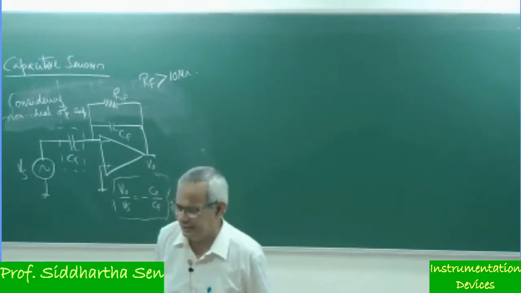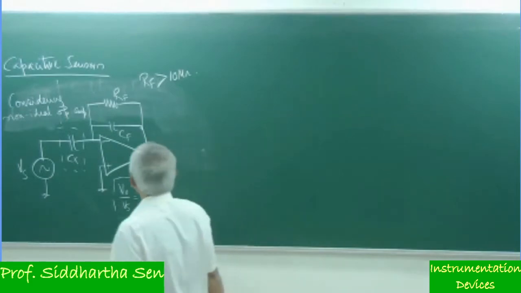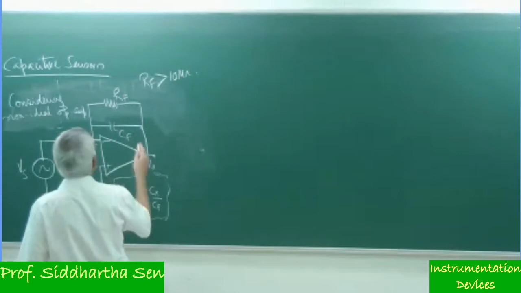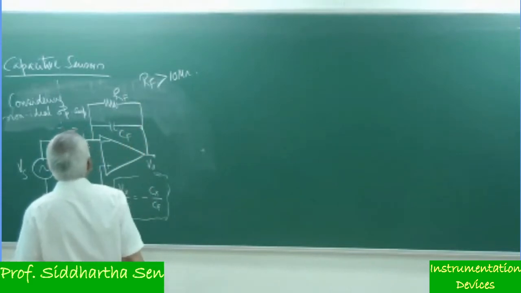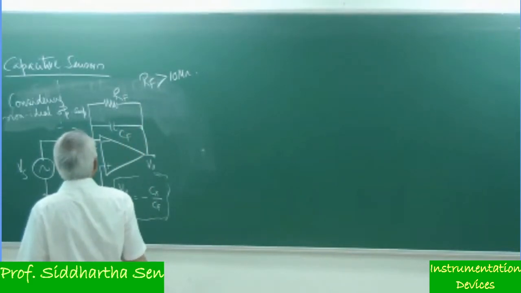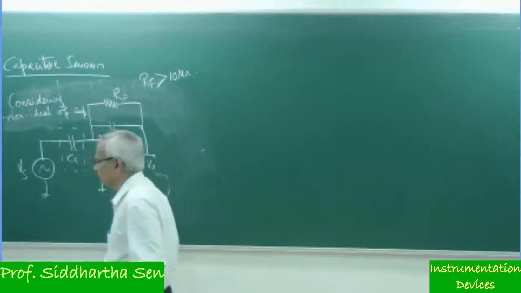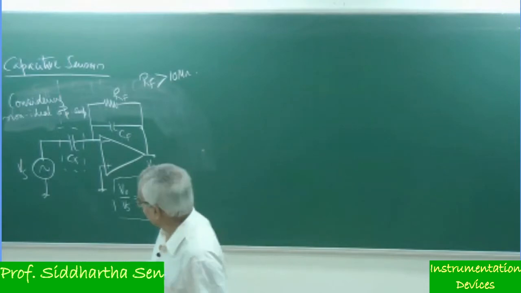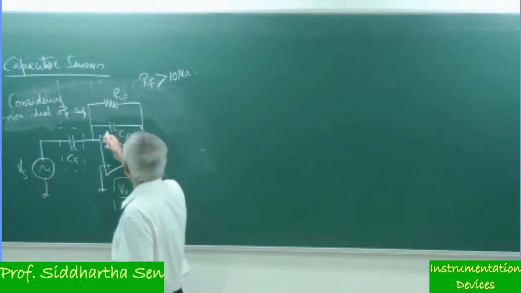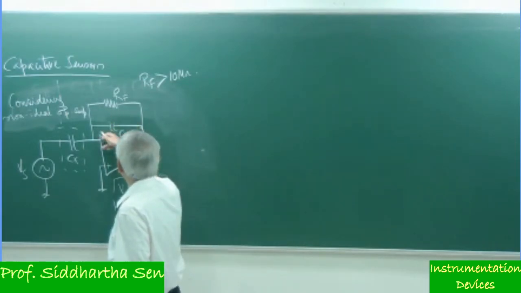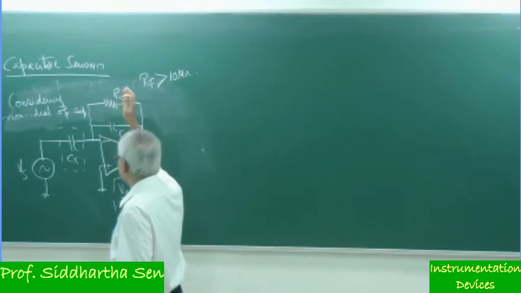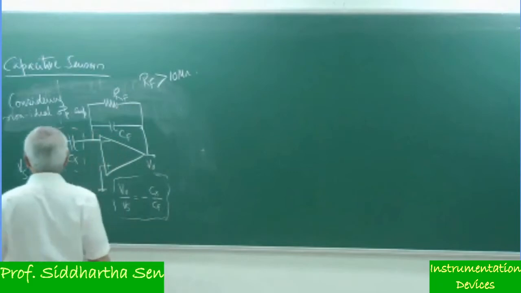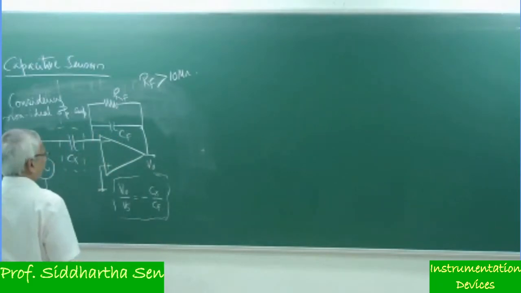The major idea is that there should always be some feedback resistance, of a very high value, and in the AC circuit it does not have much of a role, because the capacitance impedance is lower, so we can neglect this. Obviously, the value of RF has to be chosen also depending upon the frequency.